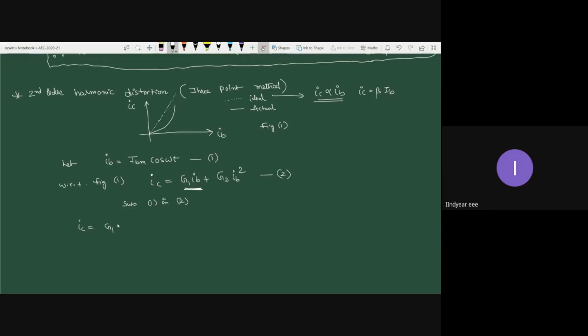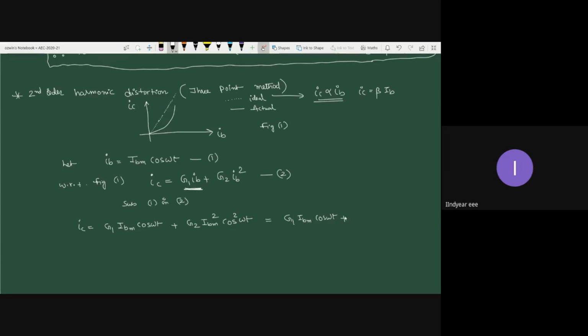IC is equal to G1 into IBM cos omega t plus G2 into IB square, so it is IBM square cos square omega t. This is equal to G1 IBM cos omega t plus G2 IBM square cos square omega t.